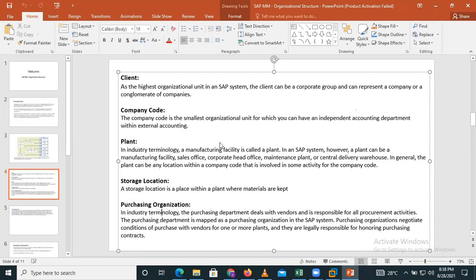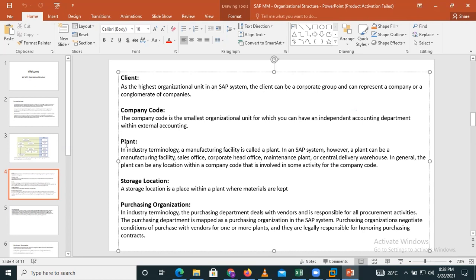Anything else apart from this? Anyone? Okay. So we do not configure sales data when we create a plant, right? We can maintain plant related information, but from the material point of view, we can have separate sales related data as well, sales organization related data.